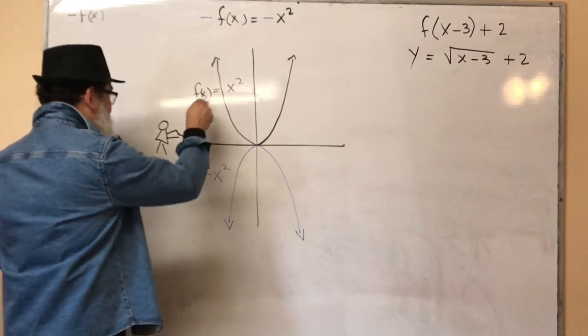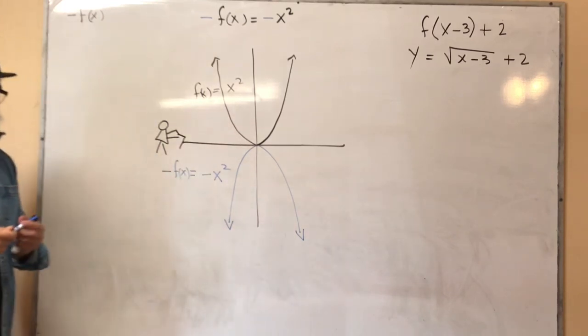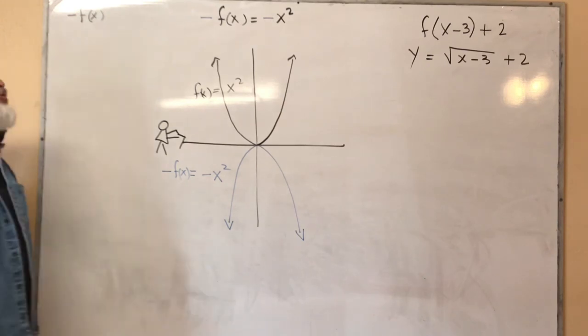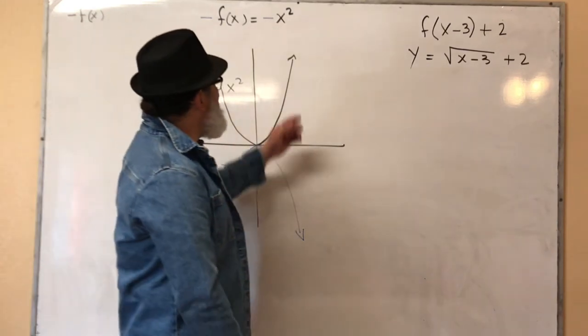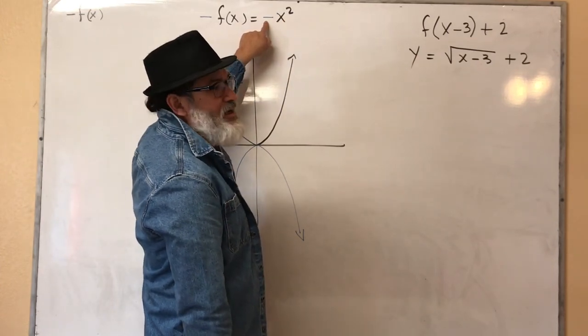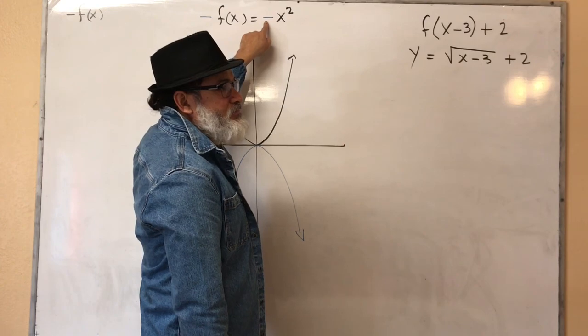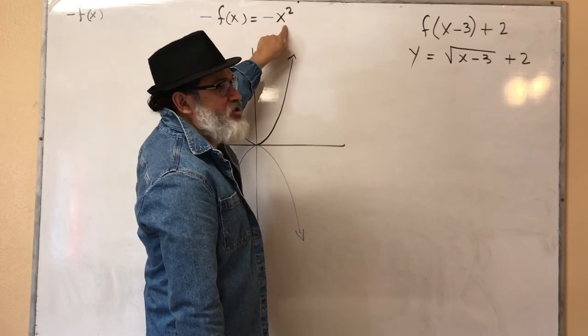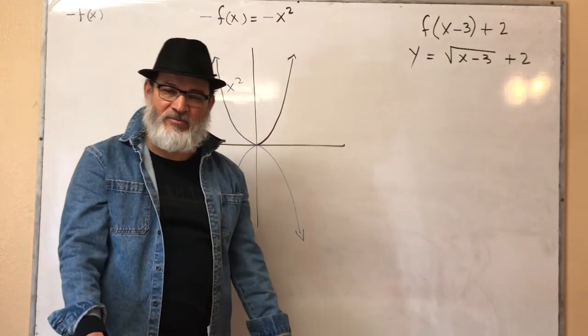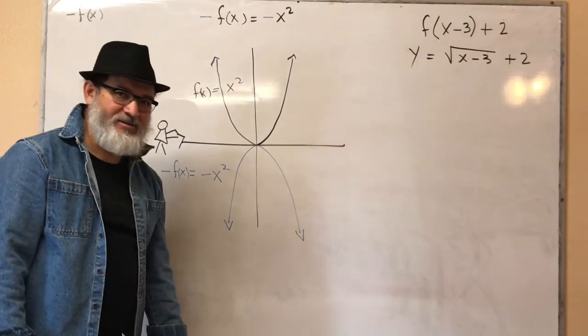I'm talking about this f of x, okay? So that's why in the past they told us that whenever there was a negative in front of the quadratic term in a parabola, it opened down. That's why. Okay?